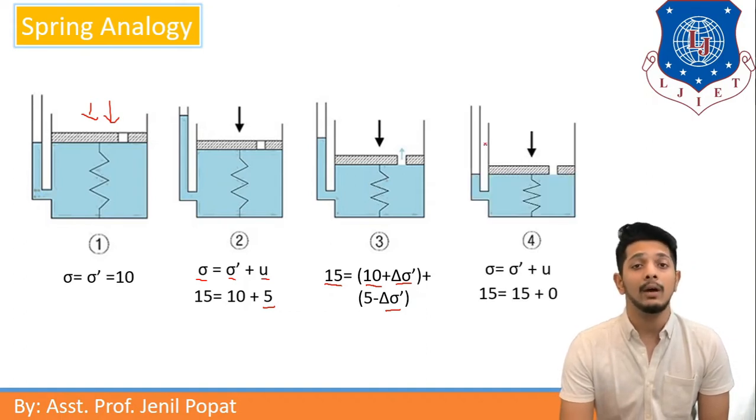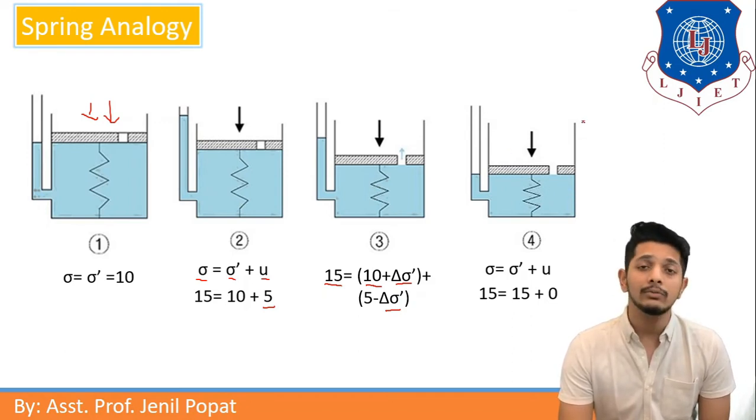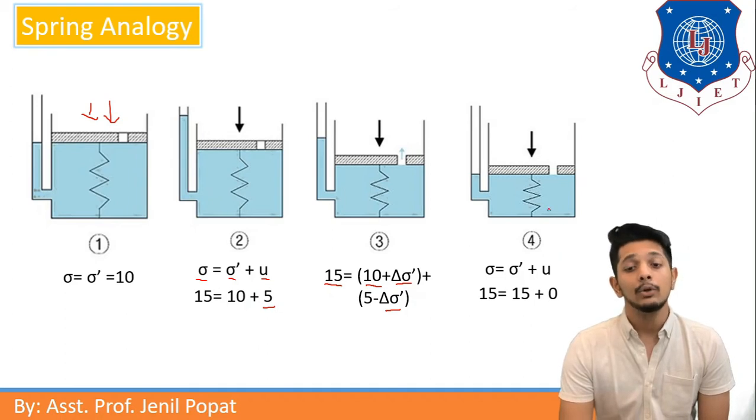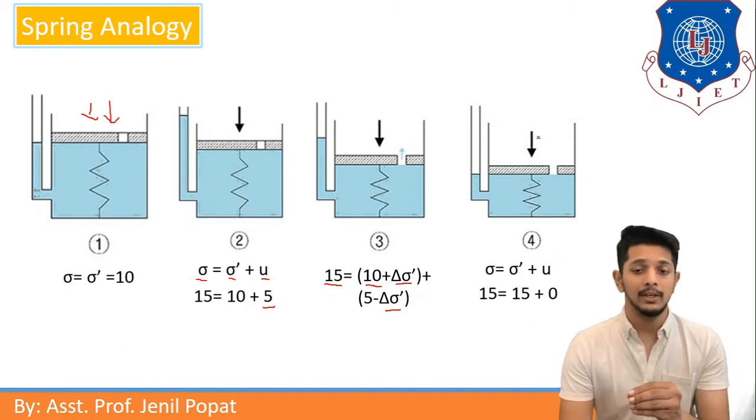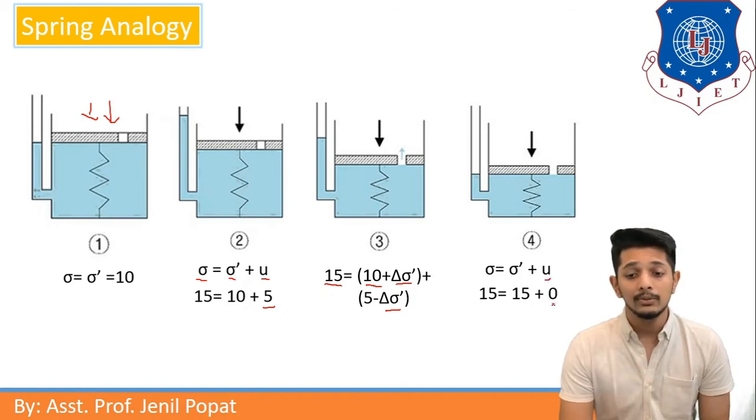If we open the valve more and then close it, we can see that some more water will be out and now the total external pressure is taken by the spring only. Now u is equal to 0 here. So total stress is taken by effective stress, that is, by the spring and not by water.